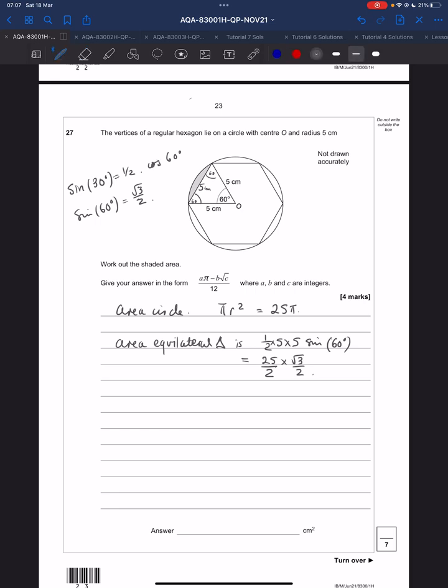Cos 60 degrees is a half. See, it switches round. So sine 30 is a half, cos 60 is a half. Sine 60 is root 3 over 2. Cos 30 is root 3 over 2. Need to memorise them.